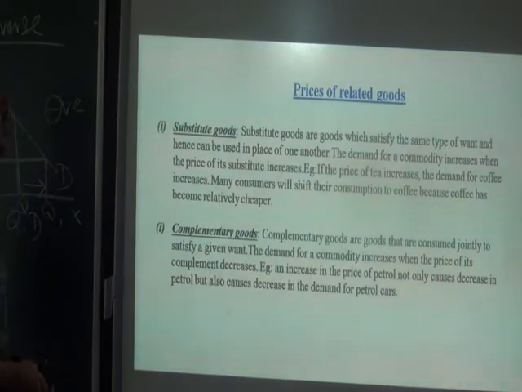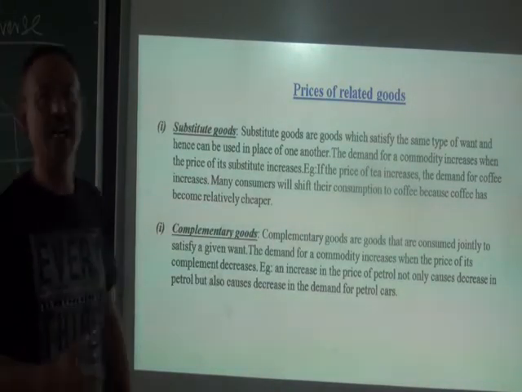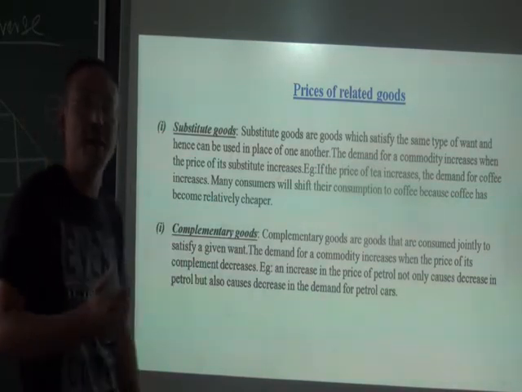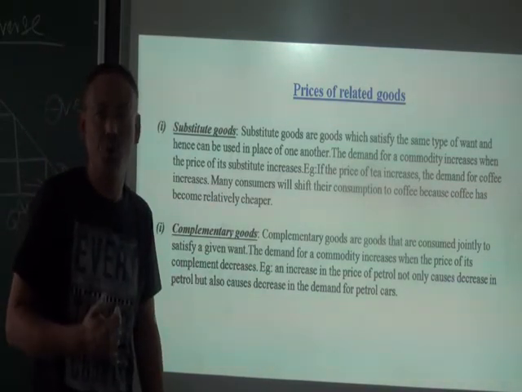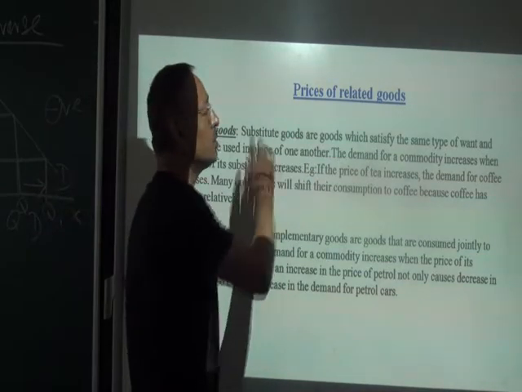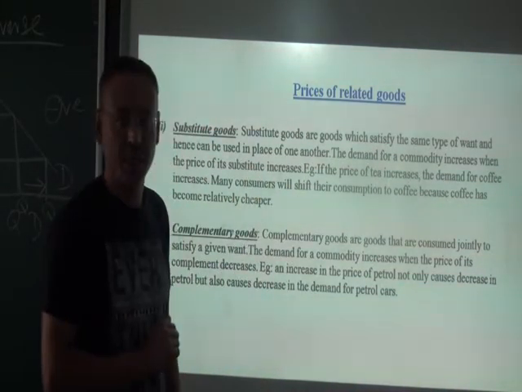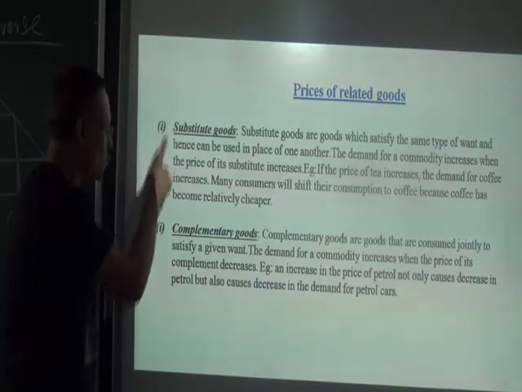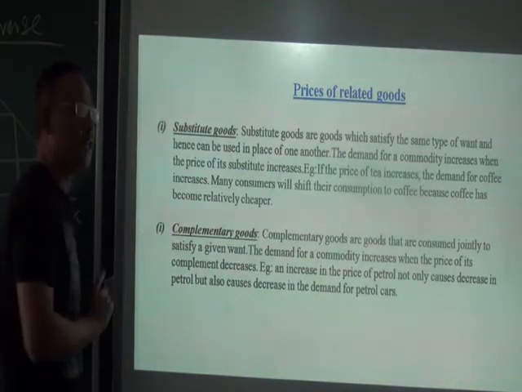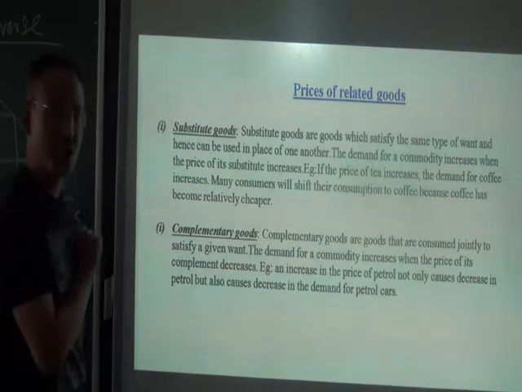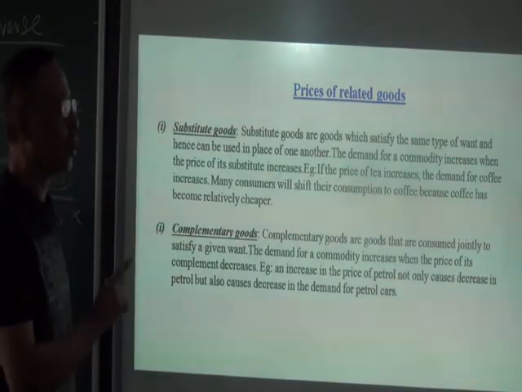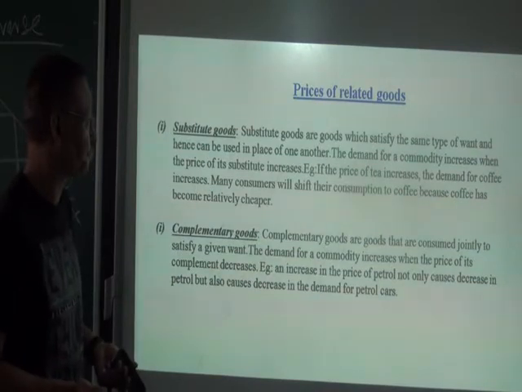Next, this one is price of related goods. How does the price of related goods affect the demand for your good? A good can be related or it may not be related. If a good is related, then there are two types of relationship. Either the goods are substitute goods or complementary goods, or they are not related.